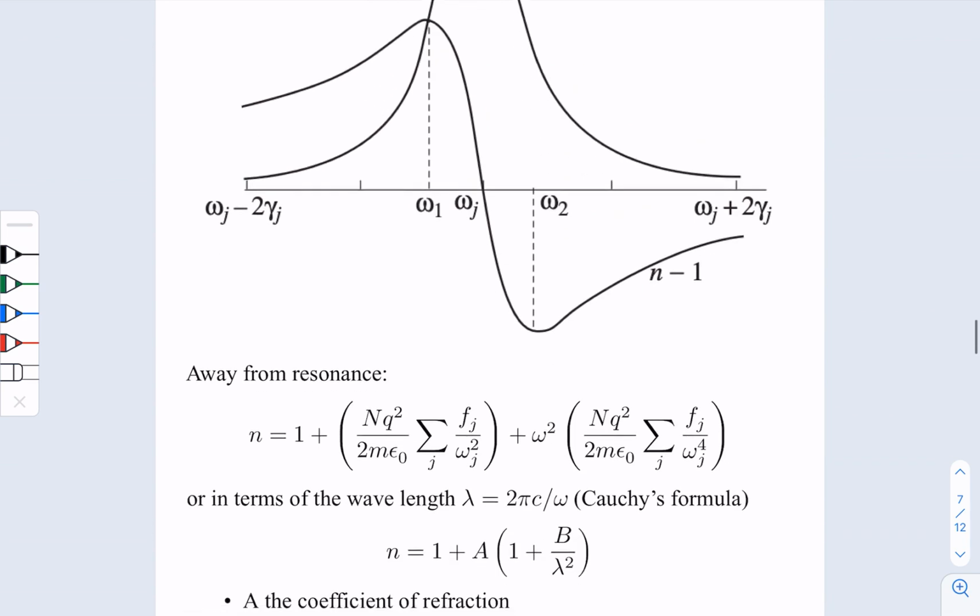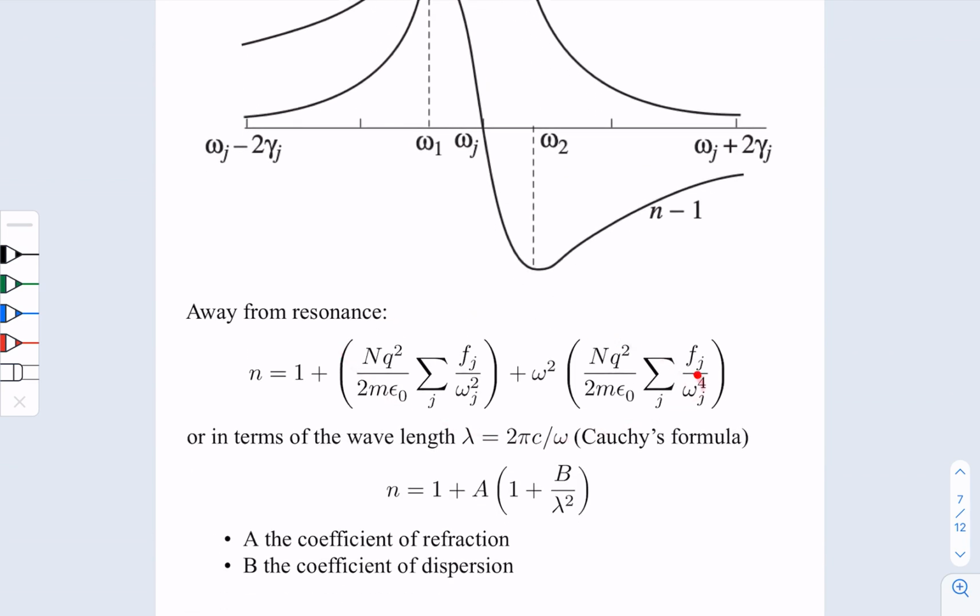So if you do some approximation at the place where it's far away from the resonance, you can actually get a very simple equation called Cauchy's formula that can characterize this shape.